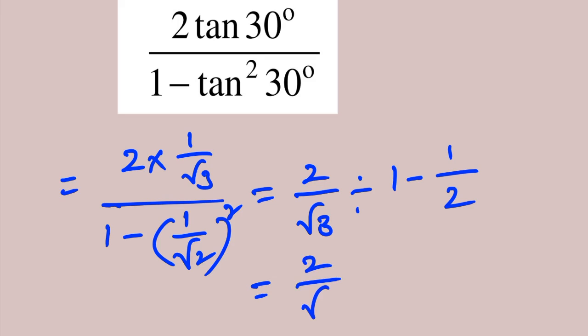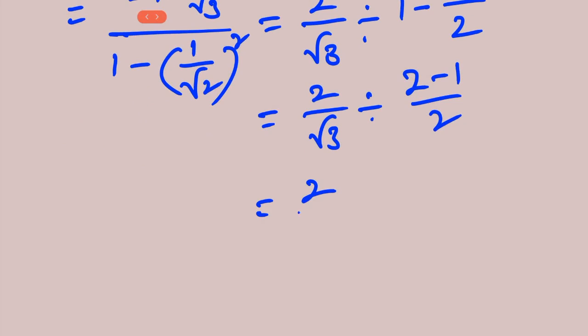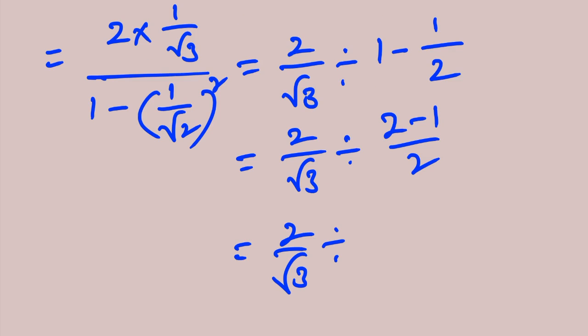So 2 by root 3 divided by, 3 ones are 3, 3 minus 1 is 2 by 3, 2 by 3, yes.